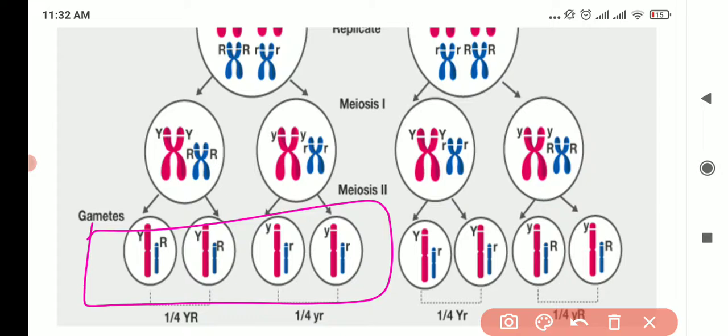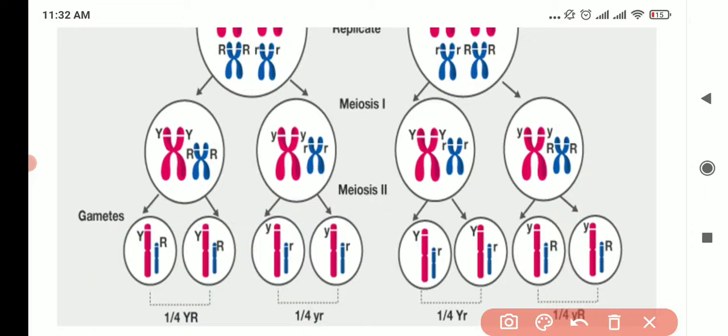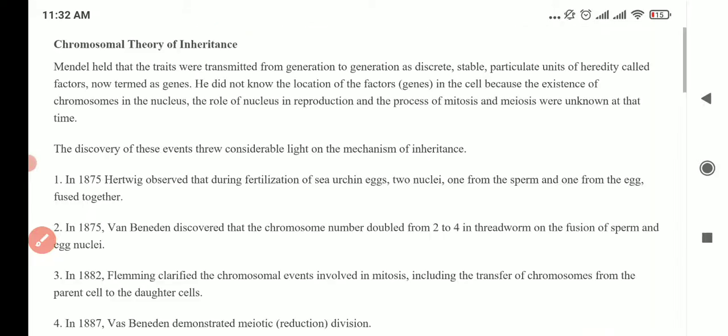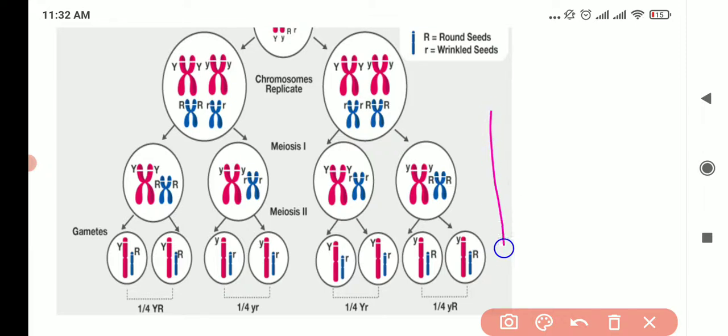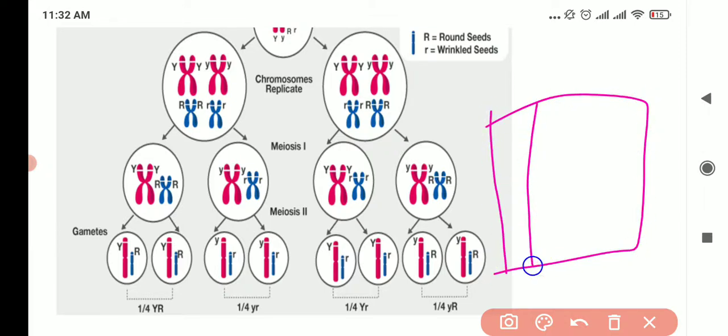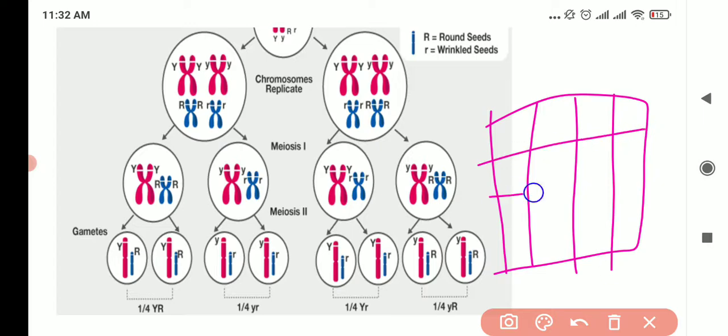So even suppose I draw this, I need some blank little space to draw. Yes, here's some space. Suppose we draw the Punnett square but in the form of chromosomes.